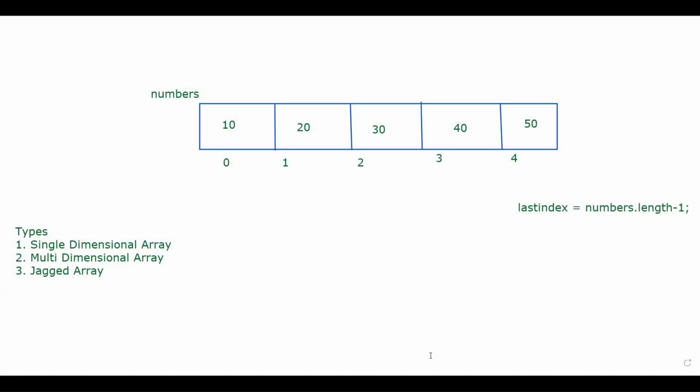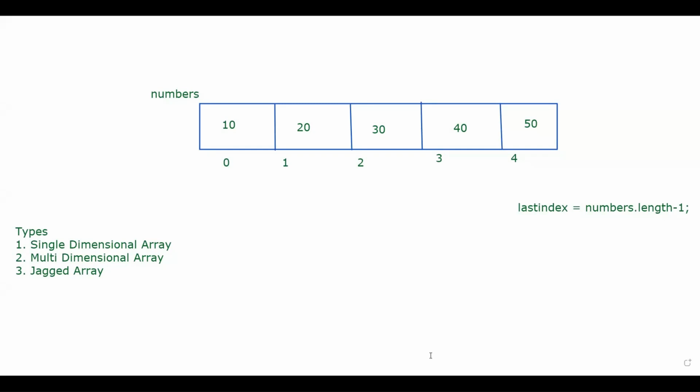So here, let's create a single dimensional array. How to create? This is the syntax: array equals, either we can directly give values like this, or array2 equals new int of 5. There are 5 elements.